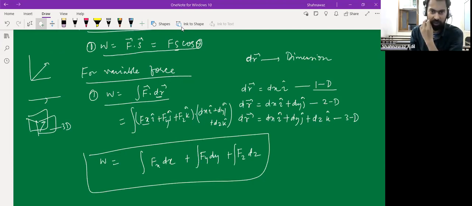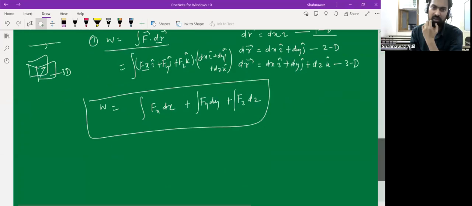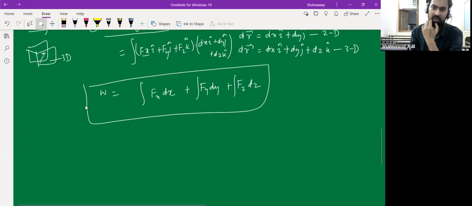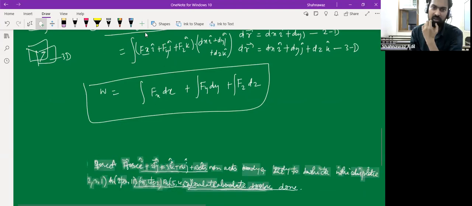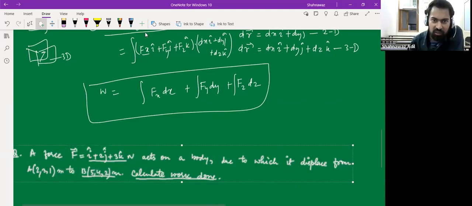Work done is a scalar or vector quantity?